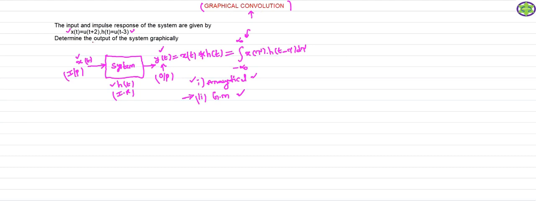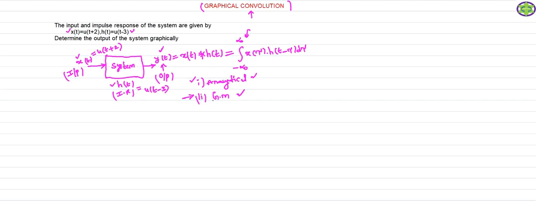That means, instead of the signals being represented as mathematical expressions, here x of t is given as a mathematical expression, which is u of t plus 2, and h of t is given as a mathematical expression, which is u of t minus 3. In the problem it is given with the mathematical expressions x of t and h of t.